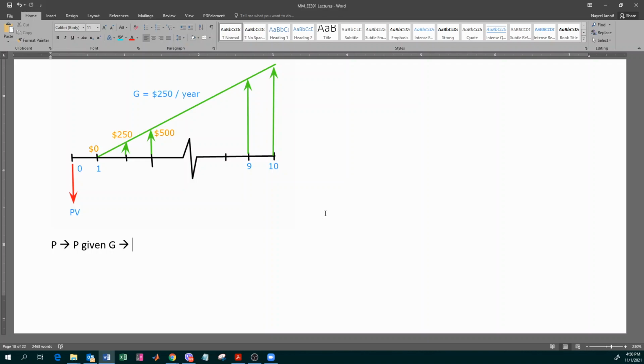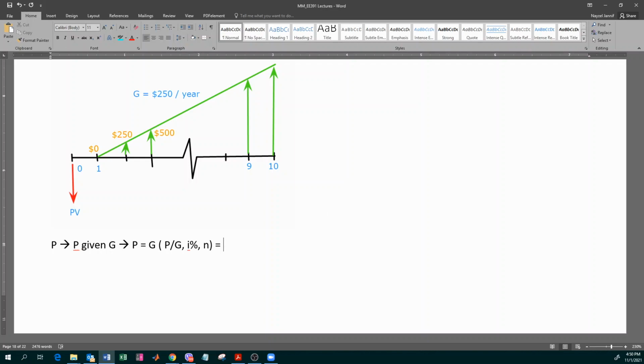In fact, if you look at our formula sheet, there is a P given G. Let's go the first way. We want to find P is equal to G times P given G, at I%, and we have n intervals.